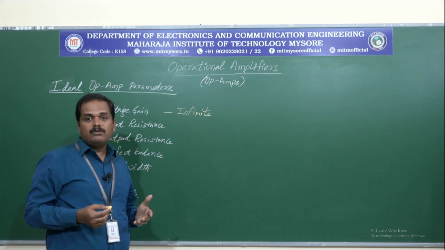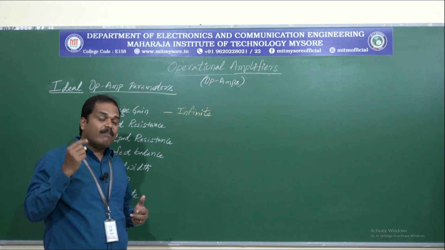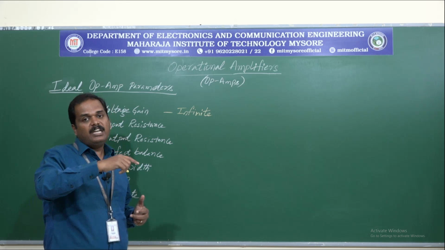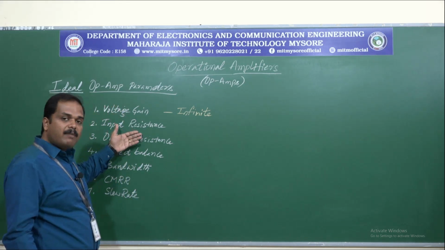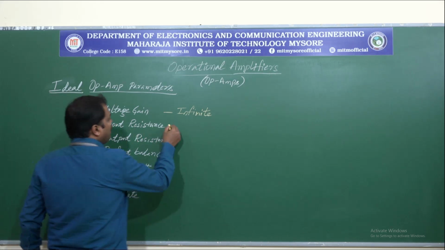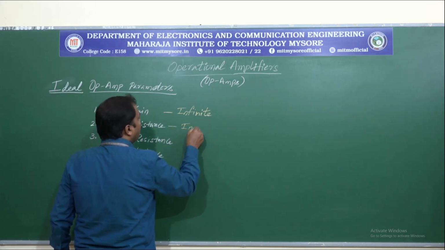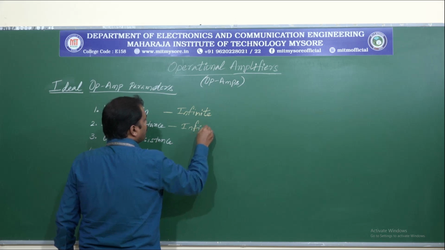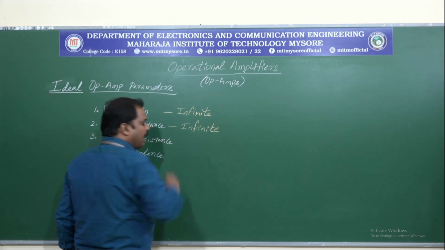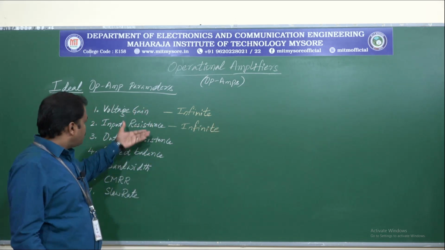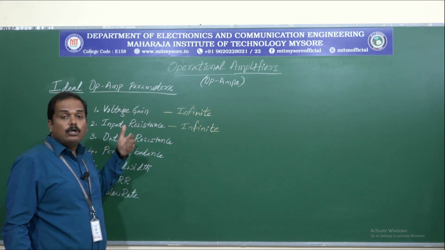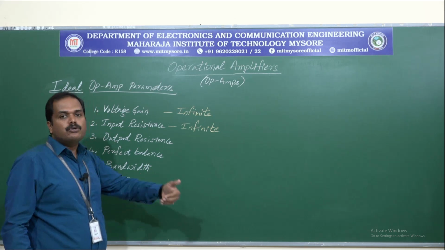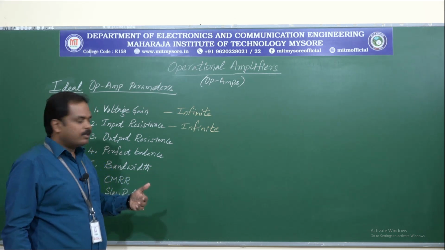So what we do in practical use is provide feedback from the output terminal to the input terminal so that it can be controlled. Then the next parameter is the input resistance. Even this is going to be infinite for an ideal op-amp. Because the ideal op-amp offers infinite input resistance, no current can flow into the op-amp circuit.